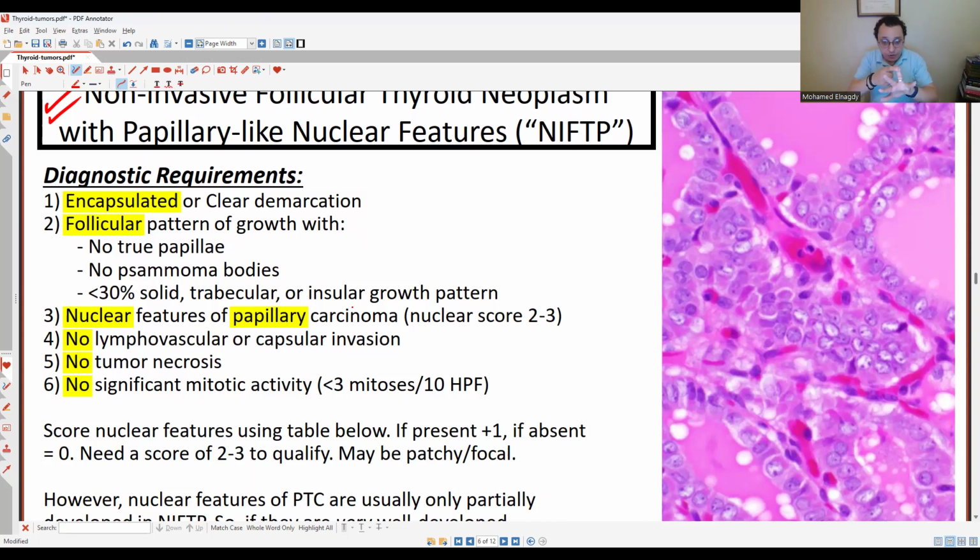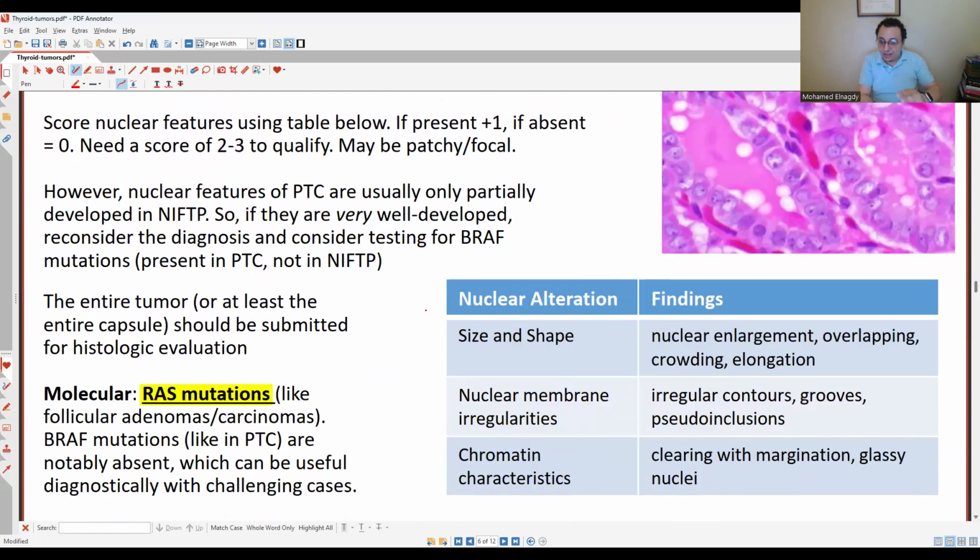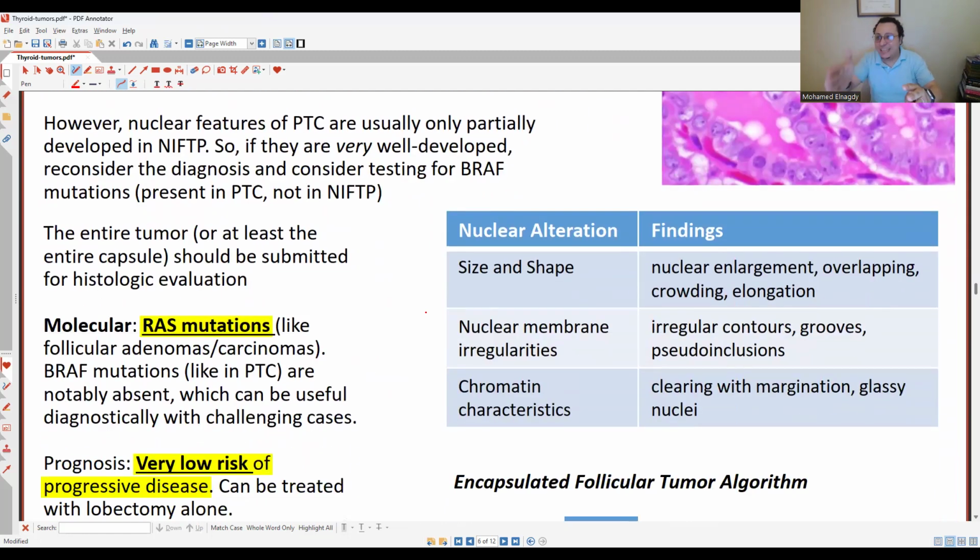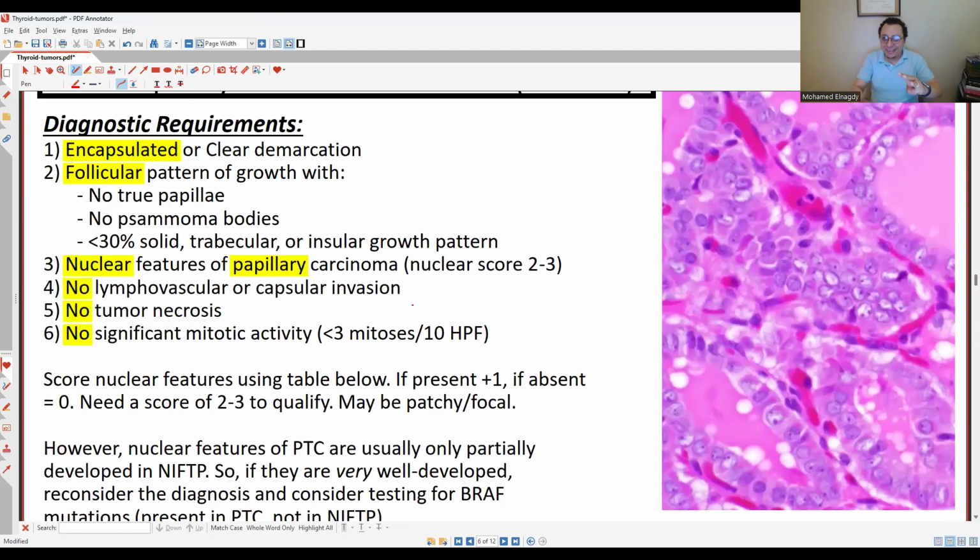Oh, okay, with the nuclear score 2 or 3. The nuclear score actually is based on the EAIOU, how many out of the 6 you got. And it's usually like 3 or 4 out of 6. So there is papillary nuclear feature. Well, that makes it like papillary. However, no lymphovascular or capsular invasion, no tumor necrosis, no significant mitotic activity.